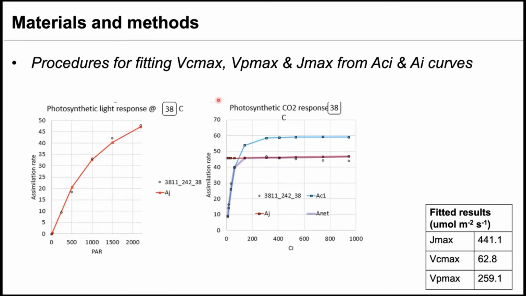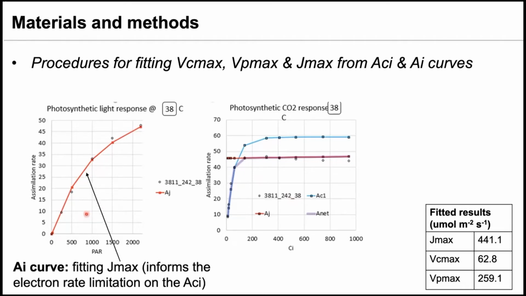So I used a C4 photosynthesis model by combining A-Ci and A-I curves to fit these three parameters. And just a short introduction of this procedure, the A-Ci curve is the CO2 response curve, which is at the right-hand side, and the A-I curve is a light response curve at the left-hand side.